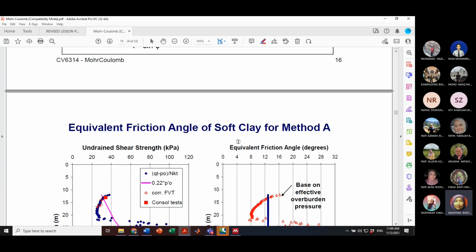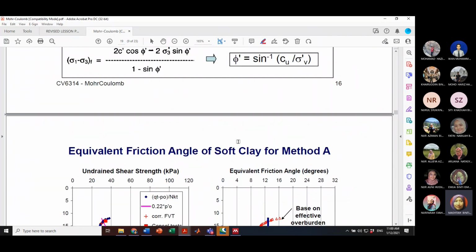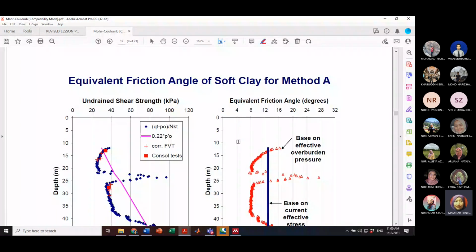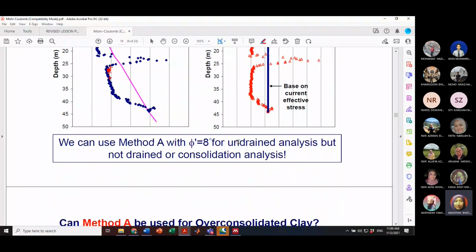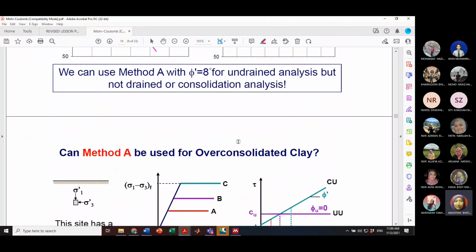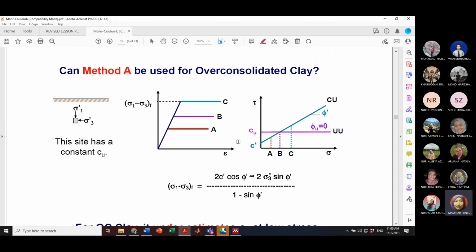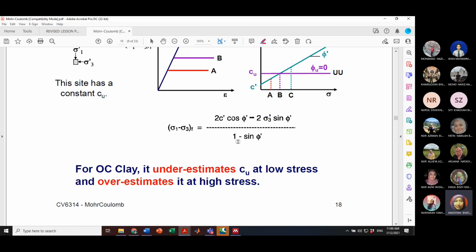Okay, yang ni selain daripada nilai CU, nilai C efektif semua tu, ada lagi parameter soil yang penting untuk you highlight lah kat situ, iaitu the friction angle. The friction angle pun please use the appropriate nilai. So jangan salah gunalah sebab dia akan bagi different answer juga.